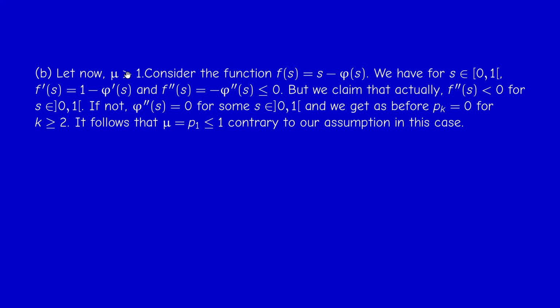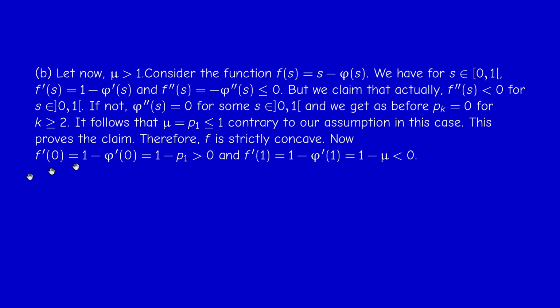But we are assuming that mu is bigger than 1. Mu is 0 times p0 plus 1 times p1 plus 2 times 0 and so on. So we have a contradiction. Therefore, f double prime is strictly less than 0. Therefore, f is strictly concave.